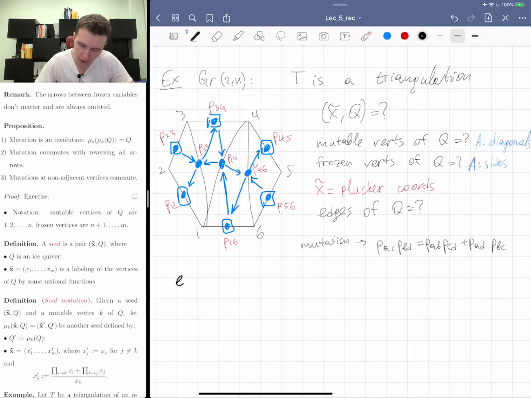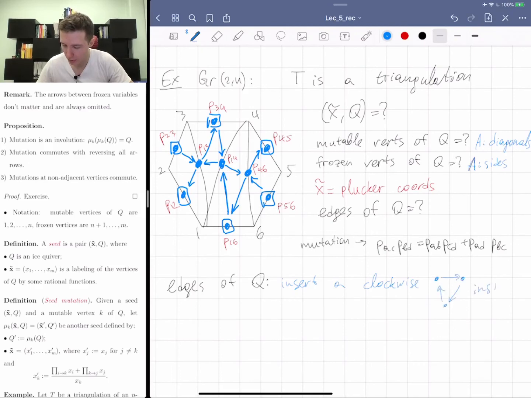The rule for the edges of Q is just to insert a clockwise triangle inside each triangle of T. And then, of course, I'm going to remove the arrows between frozen vertices.